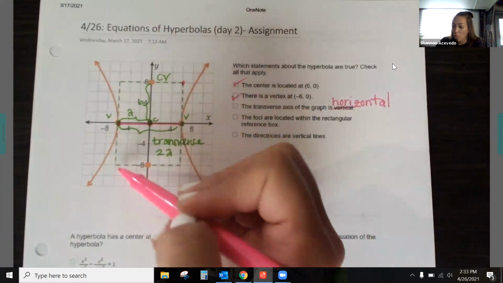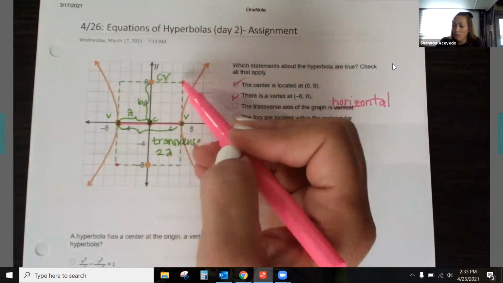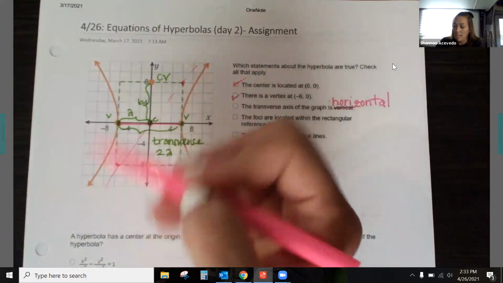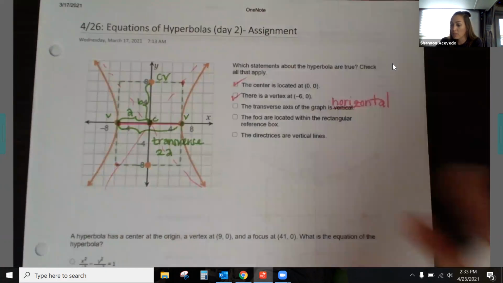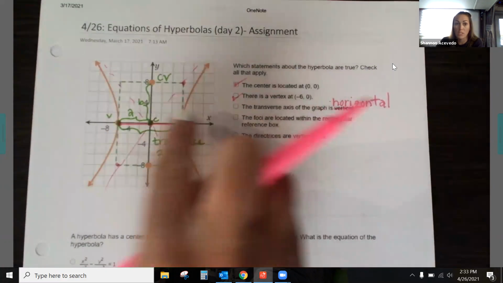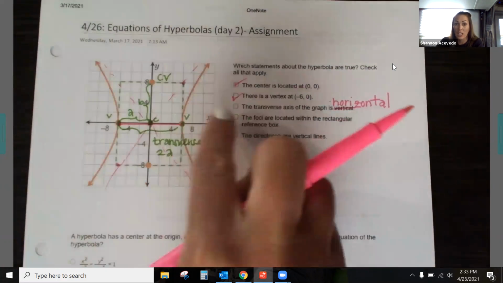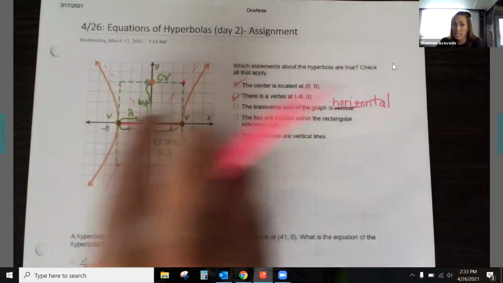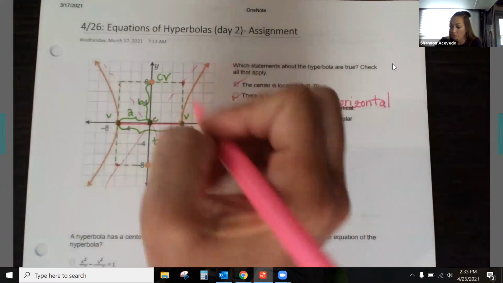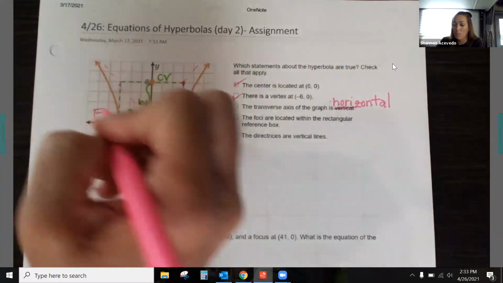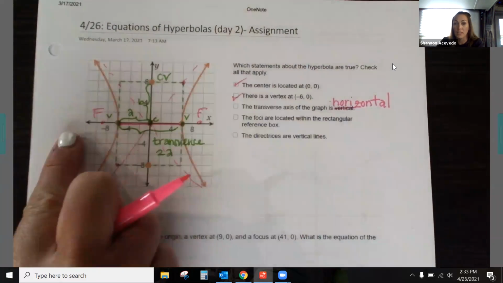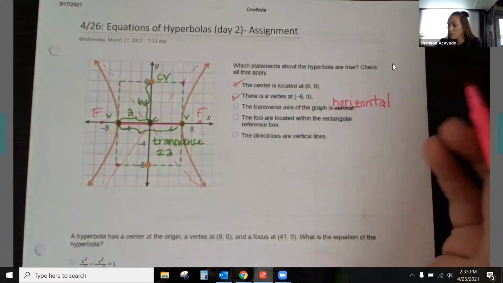Our asymptotes go from corner to corner. But the foci are not contained in the box. Remember, just like our parabolas, our foci are always inside the hyperbola's branches. So our foci would have to be somewhere inside there, not within the box. So that's not true.